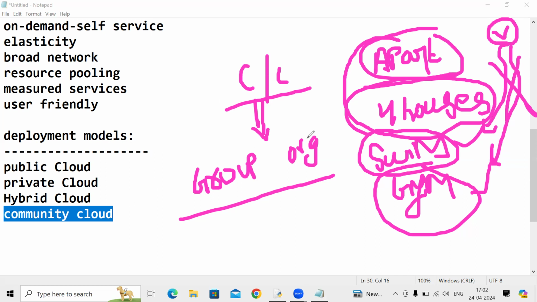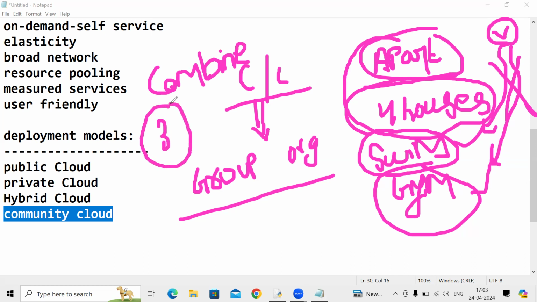A group of organizations and a group of people combine together and build one cloud called community cloud. Suppose we have three organizations, they mingle with each other and decide to maintain a community cloud.